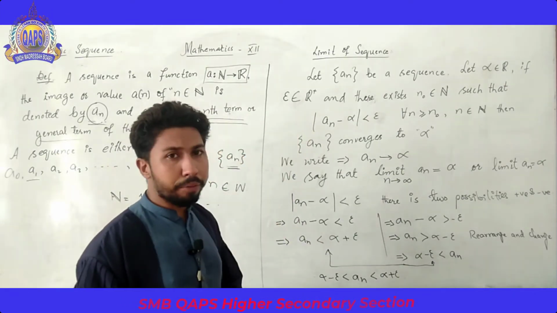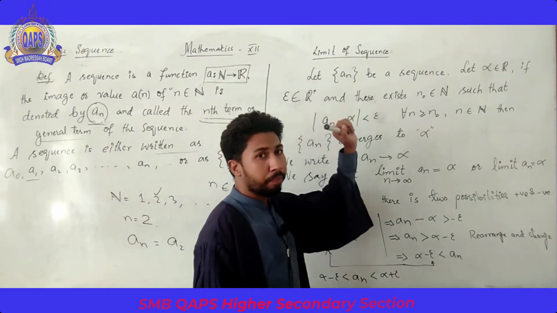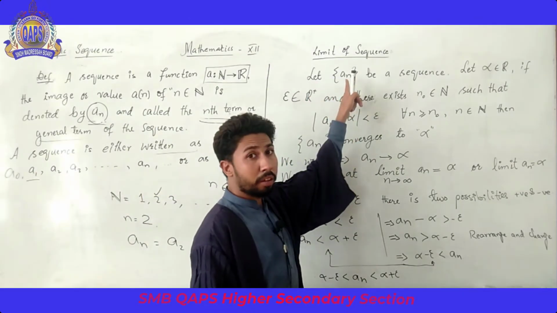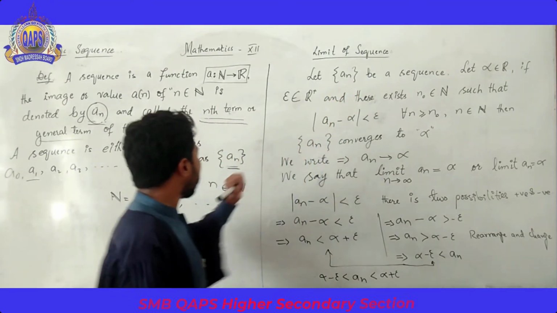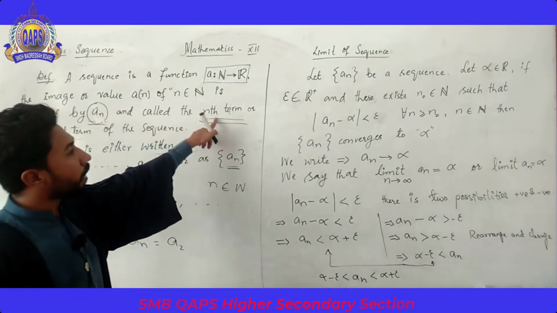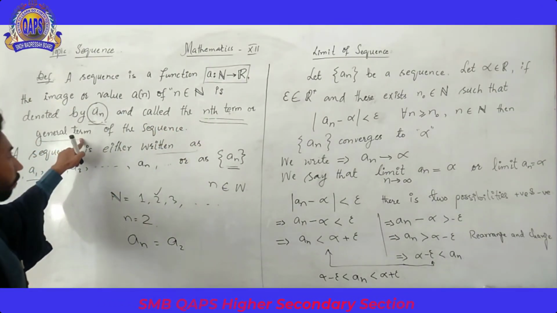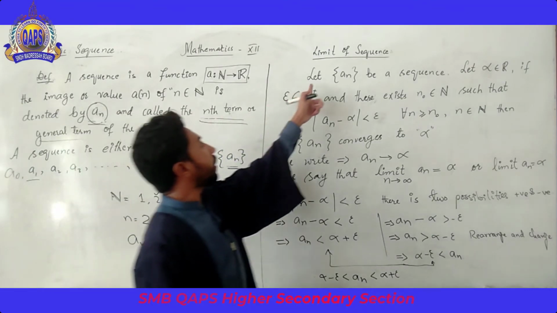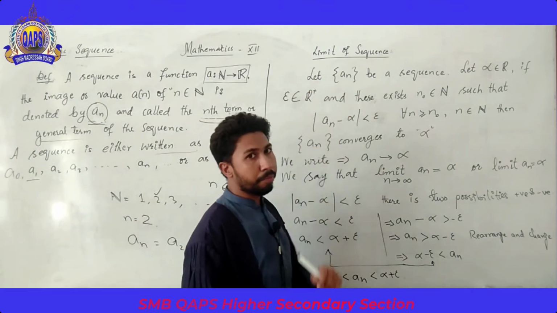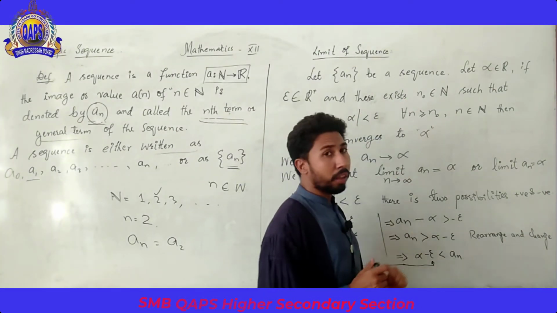So the definition of the limit of a sequence is this: let a_n, which I already explained is called the nth term or general term, be a sequence.